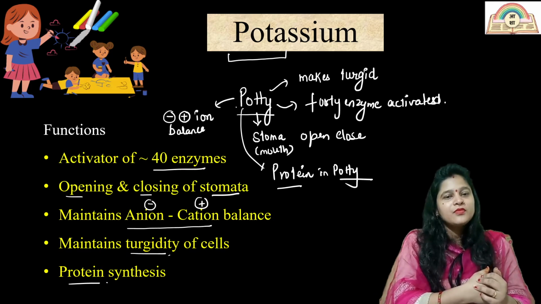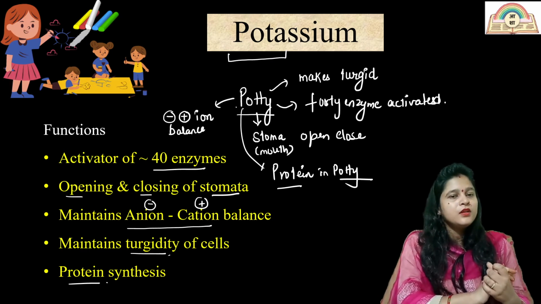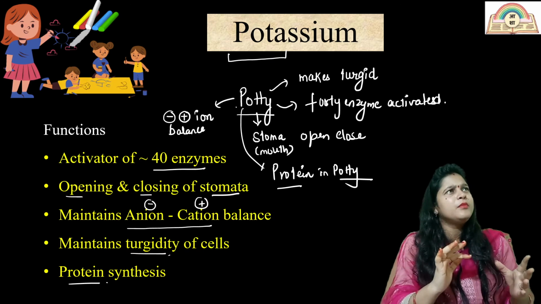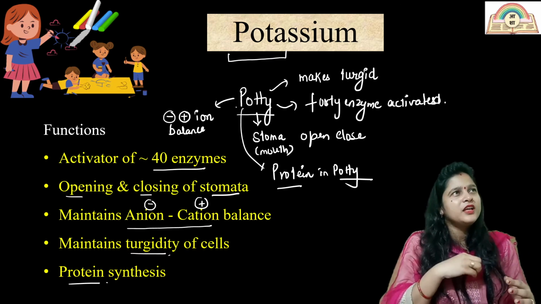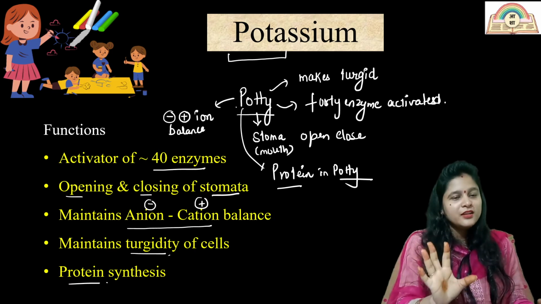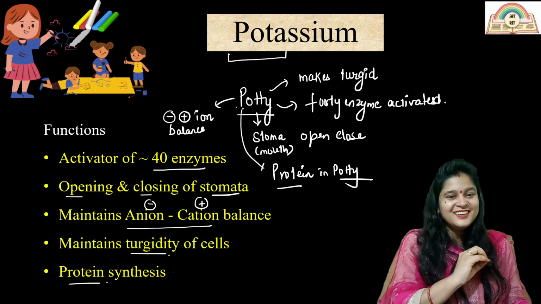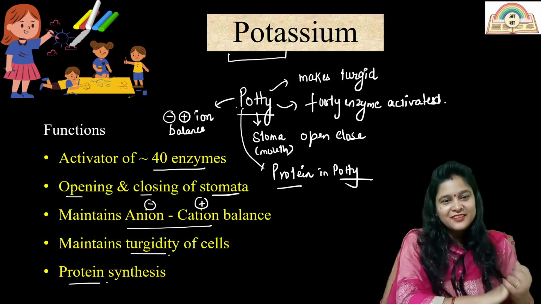And what have people removed in the potty? Protein. Or you can remember that after doing potty, people need protein, or people have removed protein in the potty. So potty protein, potassium protein, potty stoma open, close. And potty 40 enzyme activated.